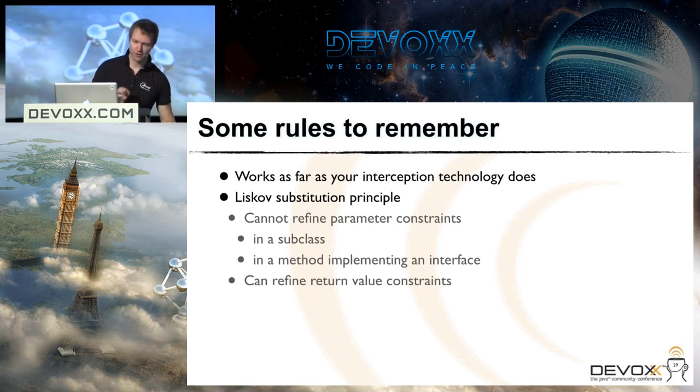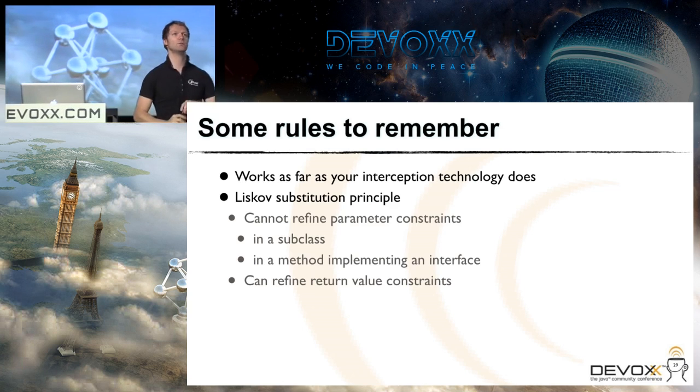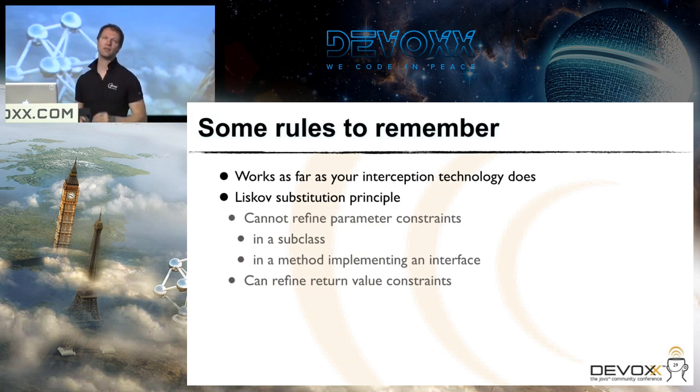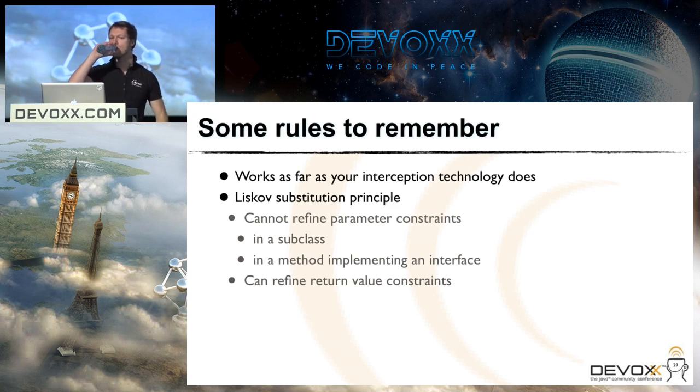So there's a few things to remember. It works as well as your interception technology, so we don't do magic. We're not in the business of re-implementing an AOP framework. Rather, we want to integrate with them. The other thing interesting is of course, Java is an object-oriented language, but I guess you know that. So that means we try and respect the fundamental logic of object-oriented programming, including the Liskov substitution principle.